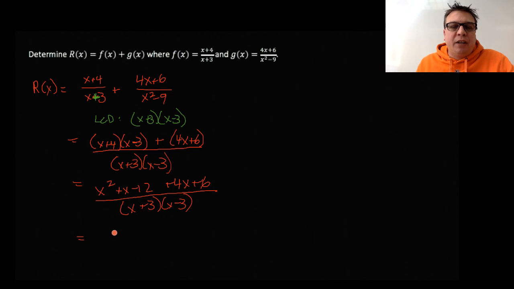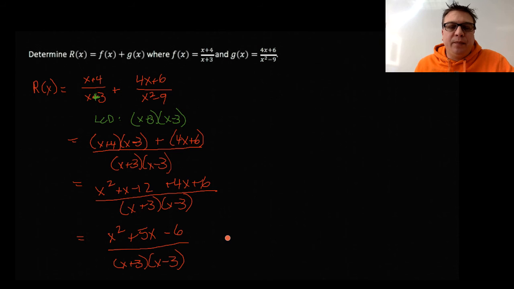Let's figure out our numerator here, and we bring everyone back together. We're going to have to combine all of our like terms. So we're going to end up with x squared plus 5x and then minus 6, all of which is divided by x plus 3, x minus 3.